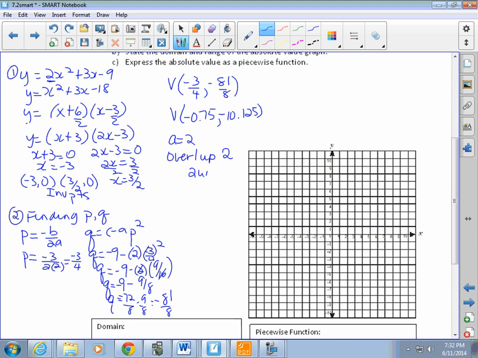Over 2, up should have been 4, so it'll become 8. Over 3, up should have been 9, so it'll be 18. So now we graph this. So our vertex was at negative 0.75 and negative 10.125. So 10 is here, I think.